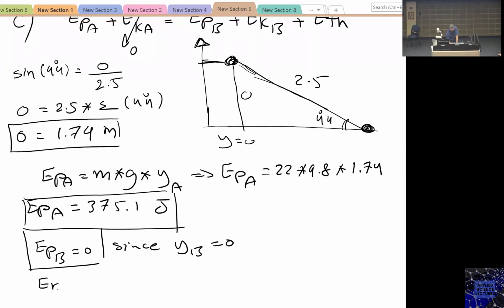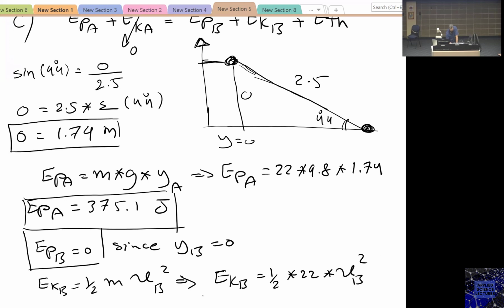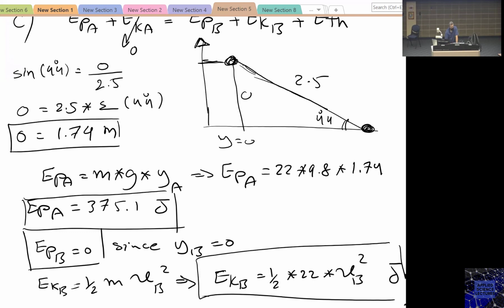I want half m vB squared, or EKB, half times 22 vB squared. This is what I want. I want the vB. And I know the thermal.